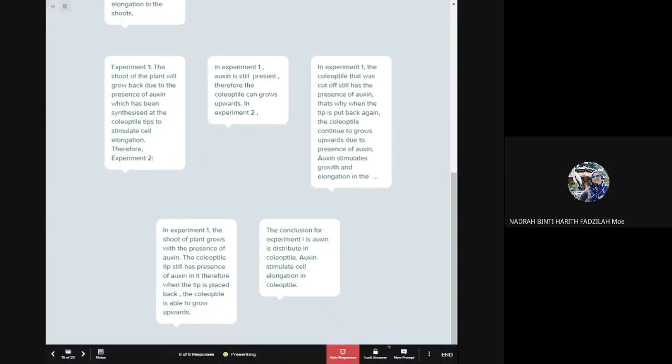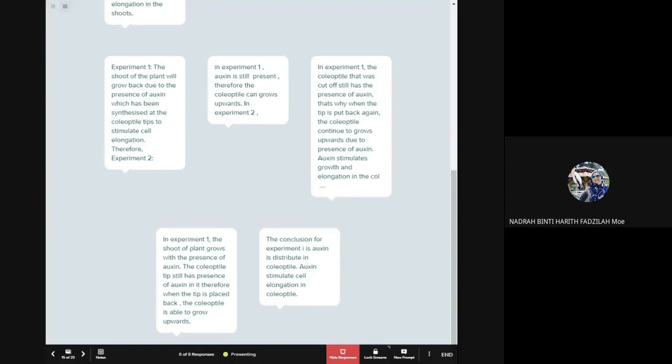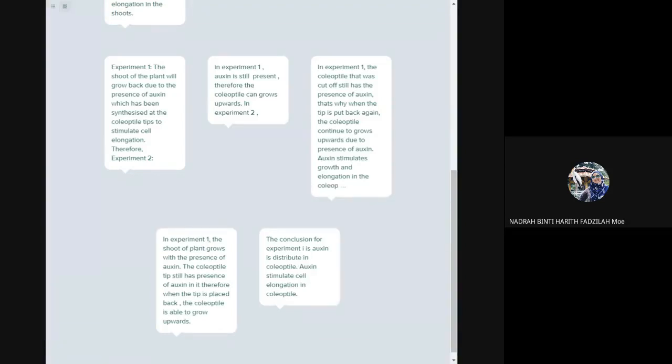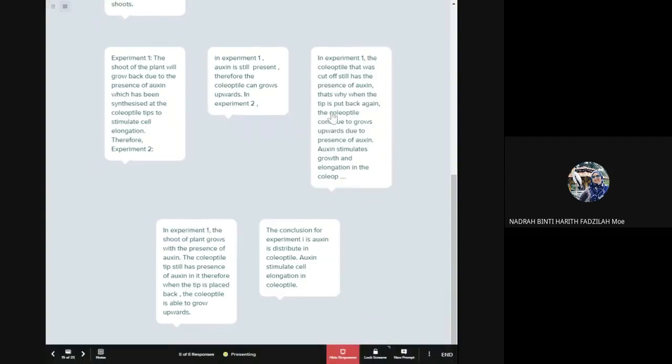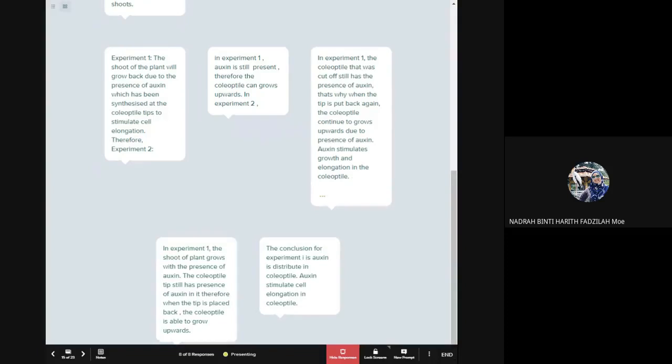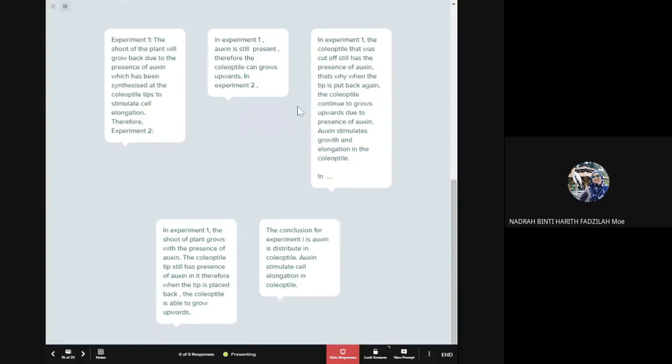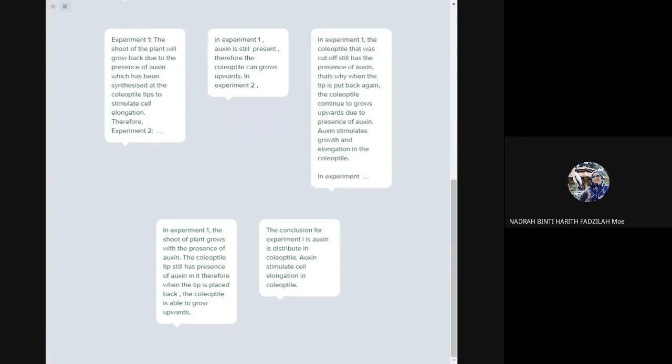Okay, so number 1, experiment 1, dia ada conclusion, dia ada 2. Nombor 1 ialah coleoptile synthesize auxin. Point number 2, auxin stimulate cell elongation. Okay. Experiment 2, conclusion dia ada 1, iaitu uniform distribution causes coleoptile to grow upwards.